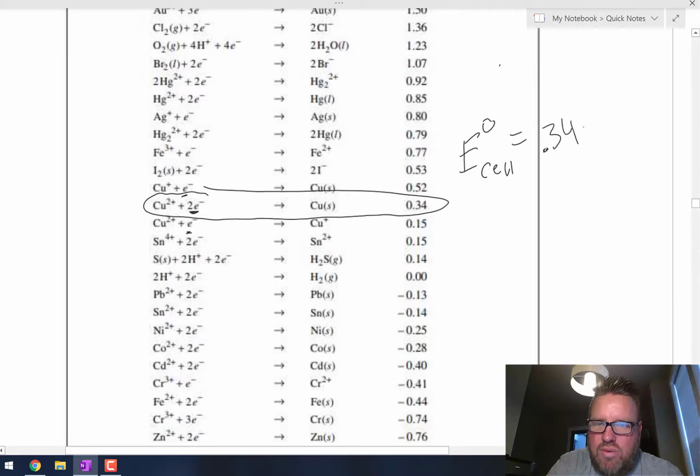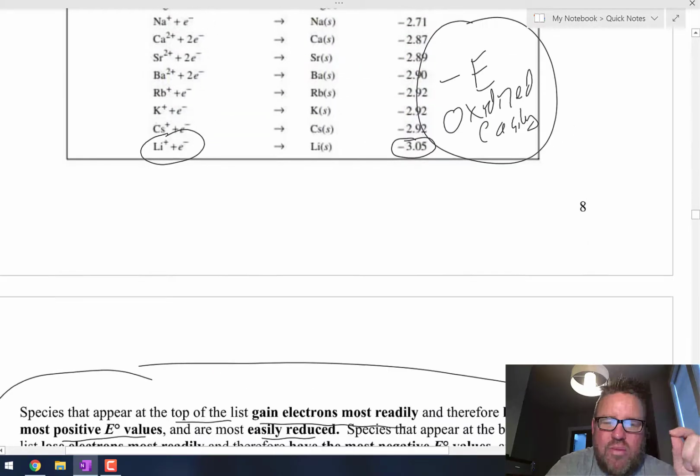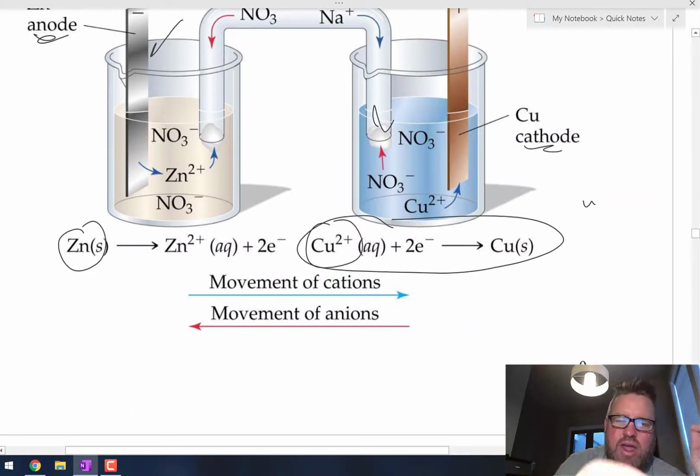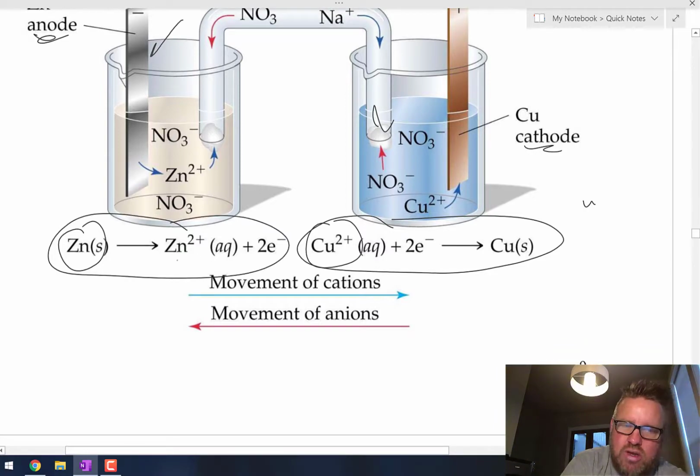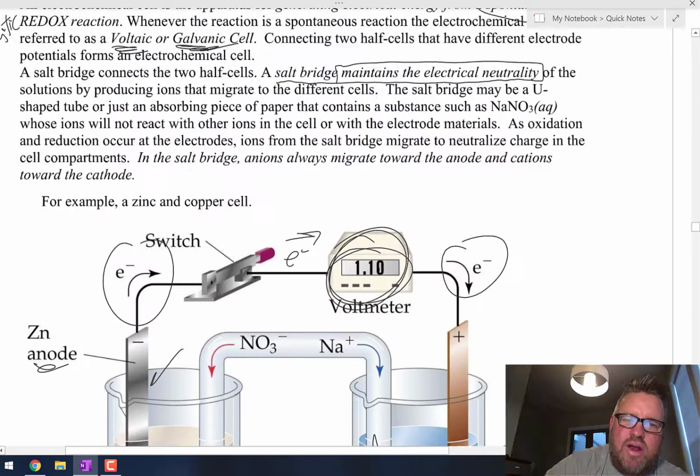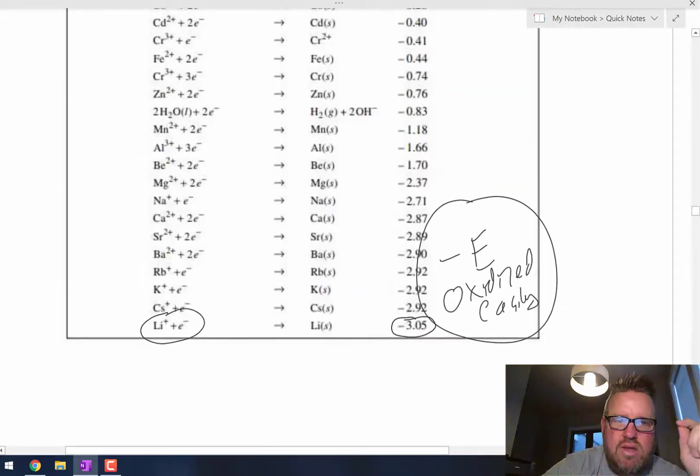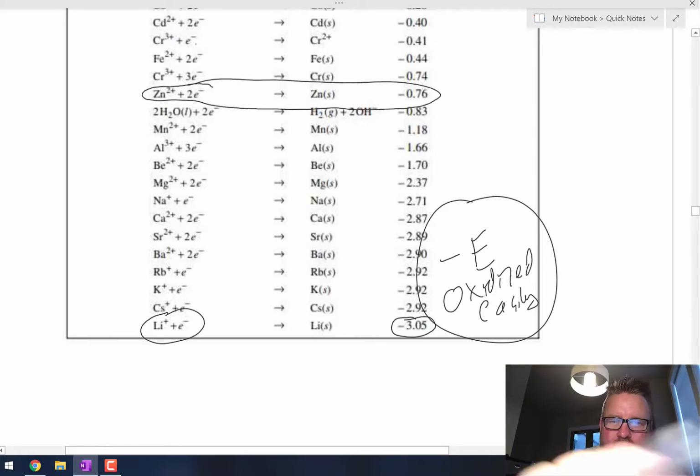So the standard cell potential is the potential at the cathode, 0.34, minus the other reaction. It's this one right here, but remember it's got to be written as a reduction. So it's basically these on the reactant side, this one on the product side. So it's zinc 2+ plus 2 electrons making zinc, which is this one right here.